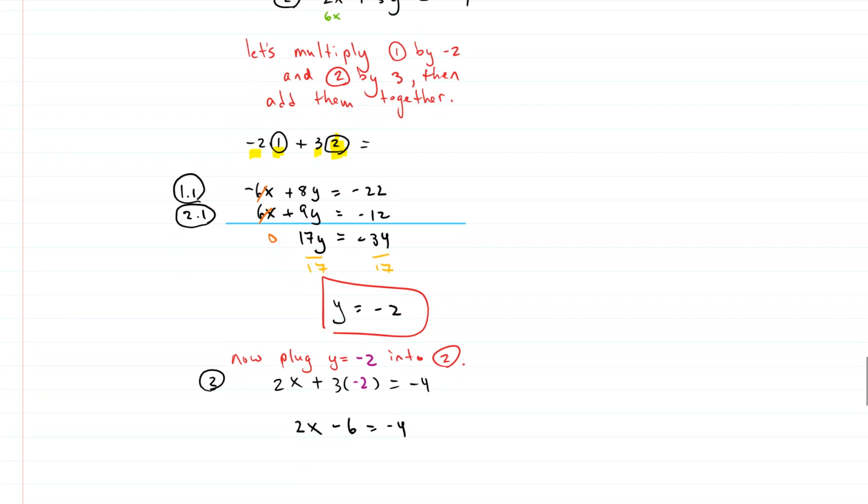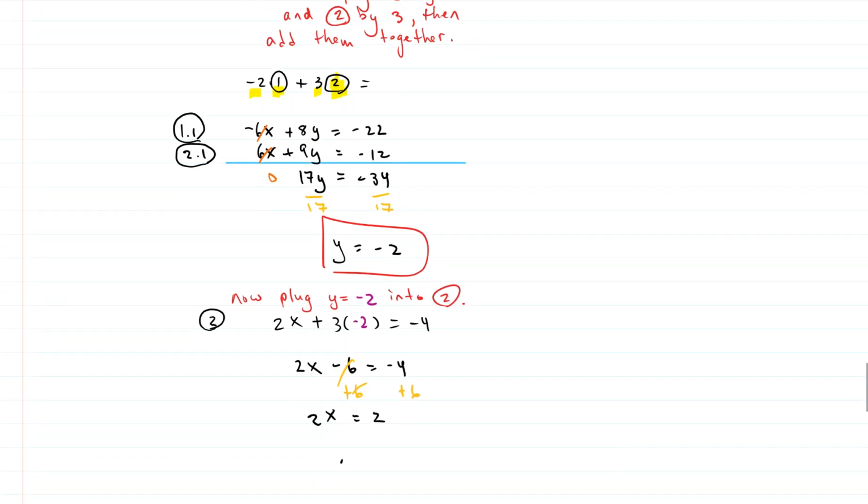So if we add 6 to both sides, we get some canceling there, and we get 2x equals 2. This is looking nice, right? And x equals what? Well, if we divide both sides by 2, we get x equals 1.